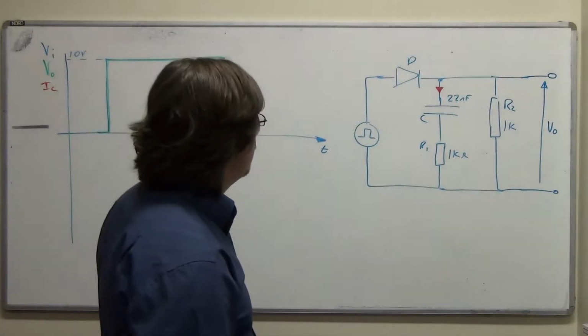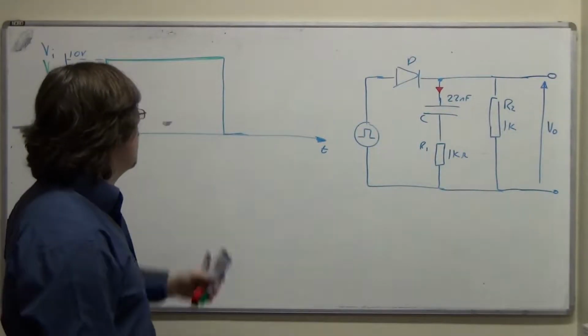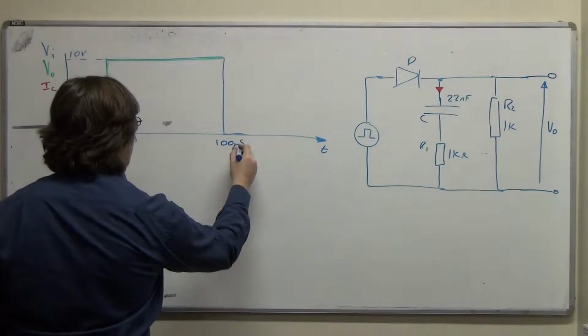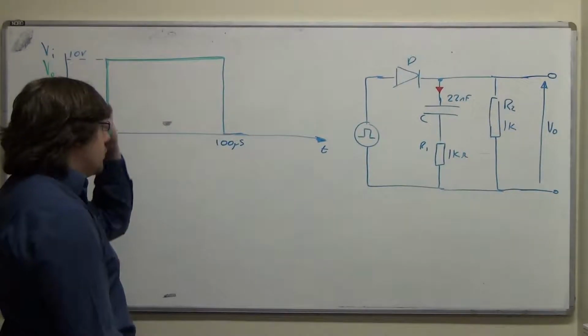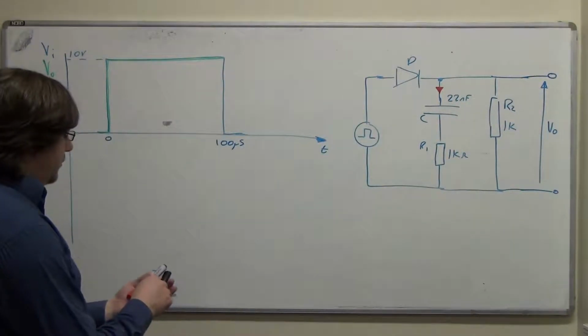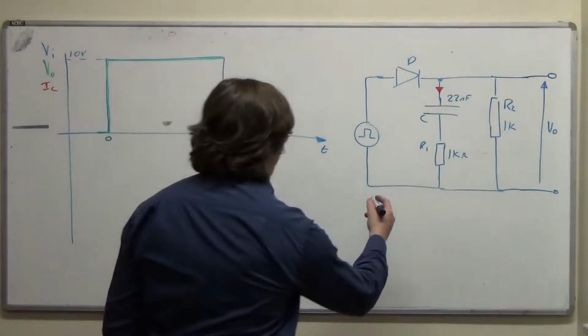And that's something else that's the interesting bit. So by the time this pulse has happened, because it's 100 microseconds in length, this is 0. The C has been charging up throughout the pulse length, and we can work out what the time constant is.